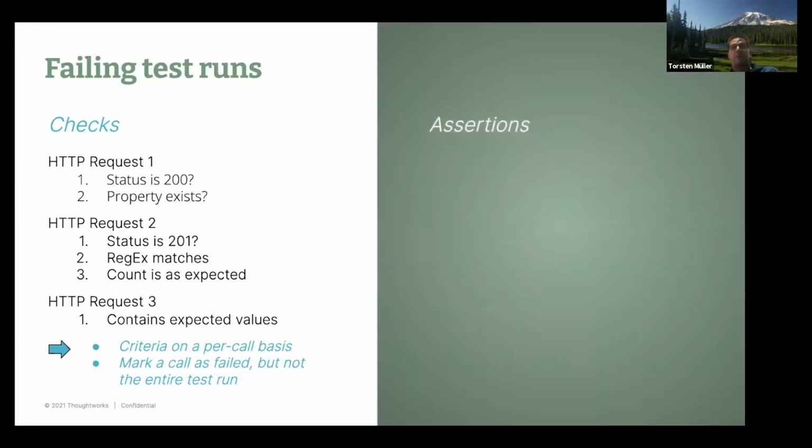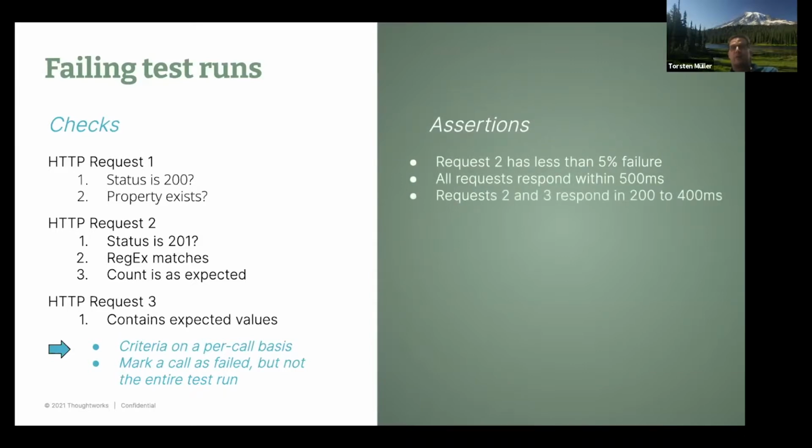For that, we would use the assertions. So assertions would be then request 2 has less than 5% failure, or all requests respond within 500 milliseconds, but requests 2 and 3 respond faster than that, within 200 to 400 milliseconds. And again, these are the incarnations of your fitness functions you define in the beginning. And of course, for each fitness function, you would write an assertion.